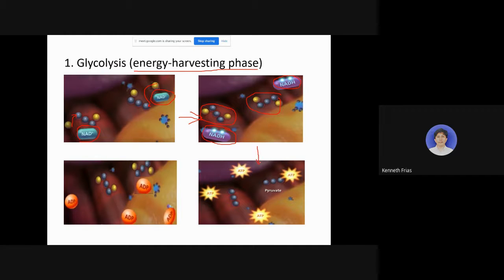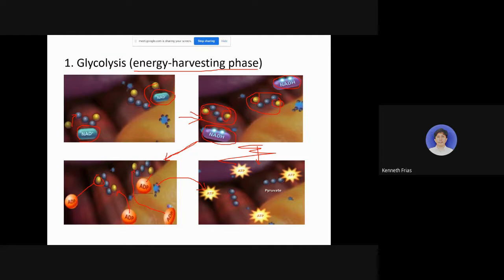The phosphates that are attached to these 3-carbon molecules will attach to the ADP molecules that are present in the cytosol. Once the ADP and the phosphate combine, the ADP will be transformed into ATP. So that's the energy harvesting phase.